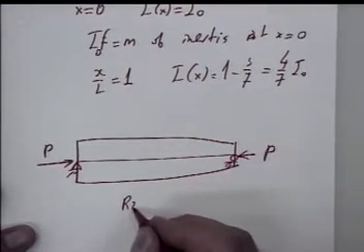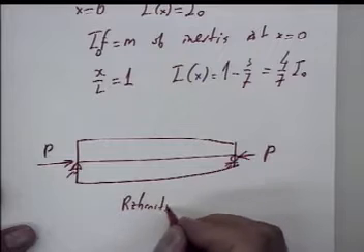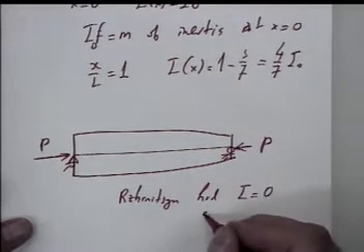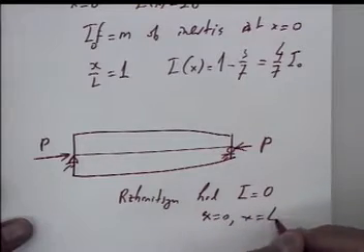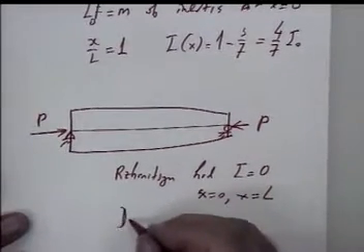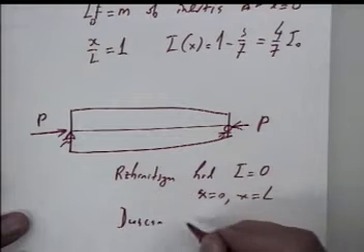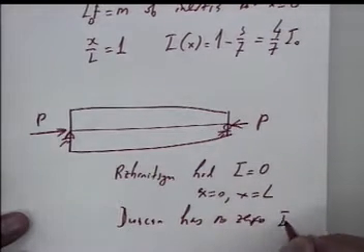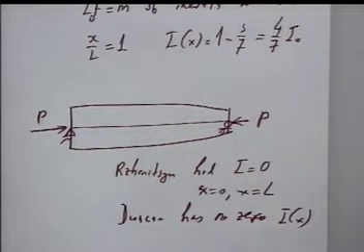You see, Zhanitsin had I equals 0 at x equals 0, x equals L. Duncan has no 0 I of x. Nowhere, it does not become 0. Okay?